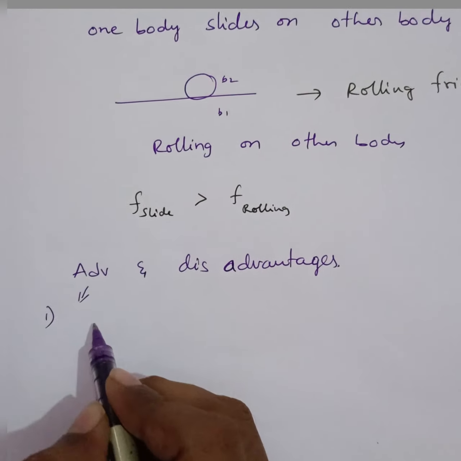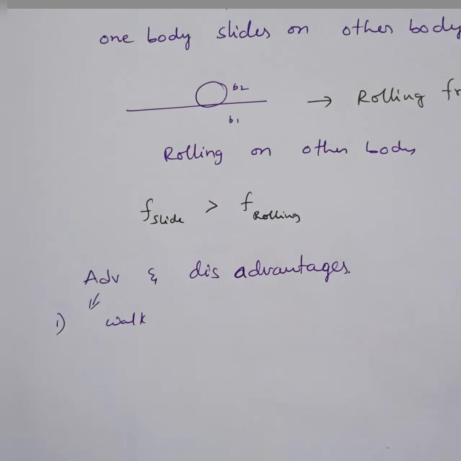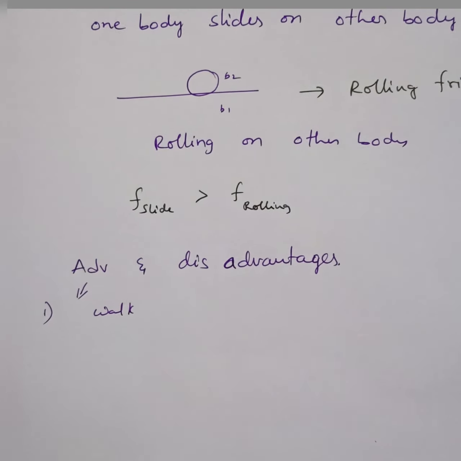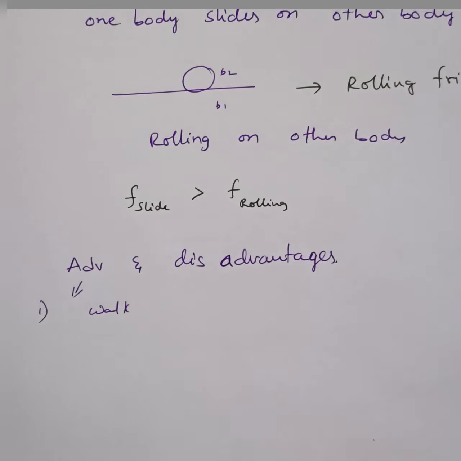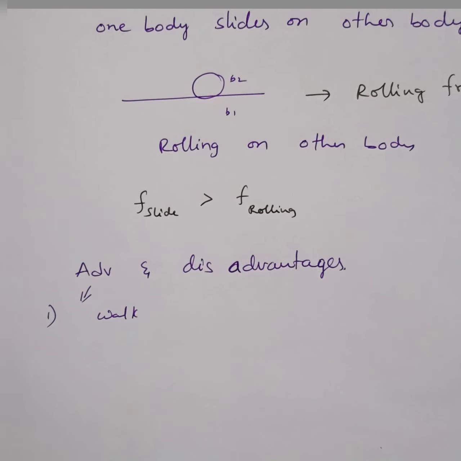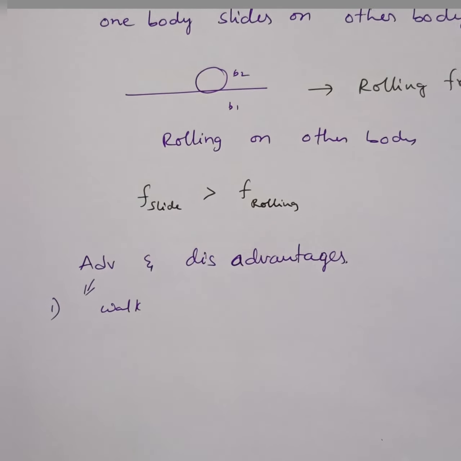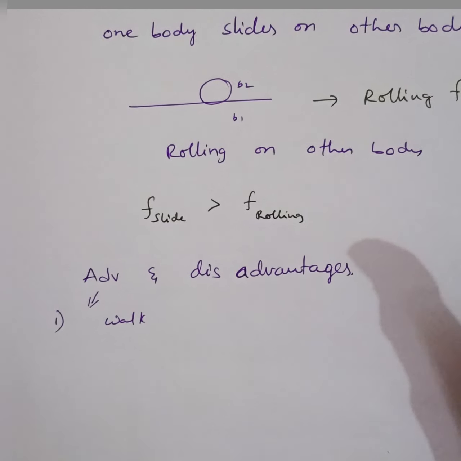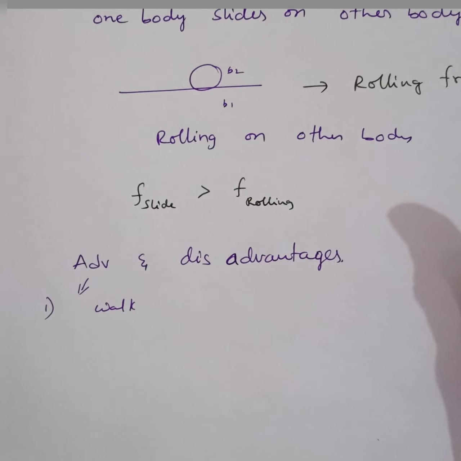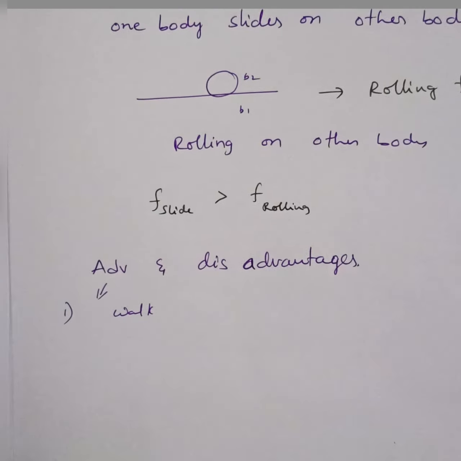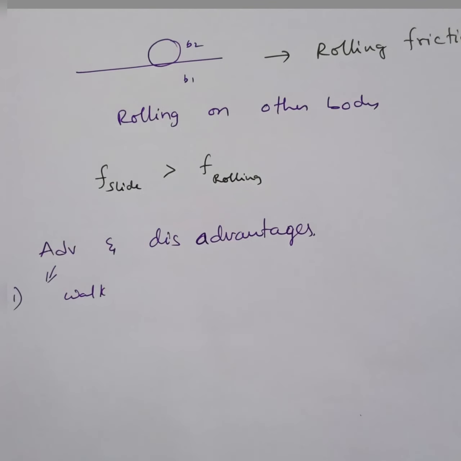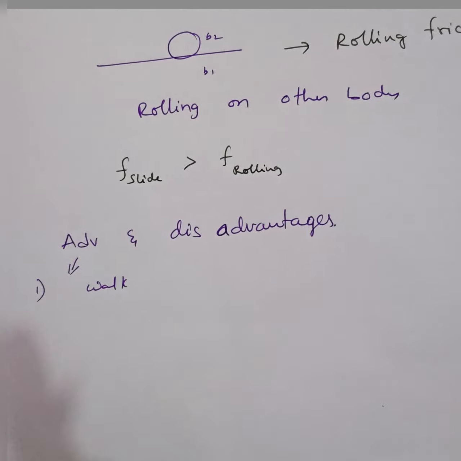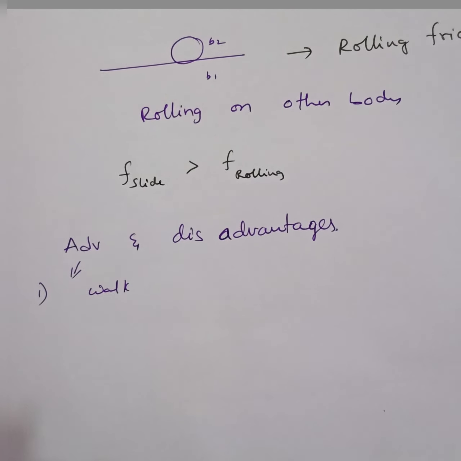Advantages: we can walk, we can run, we can write, we can hold any object, we are able to talk, vehicles are moving, buildings are at one place. These are all because of friction. Advantages of friction.